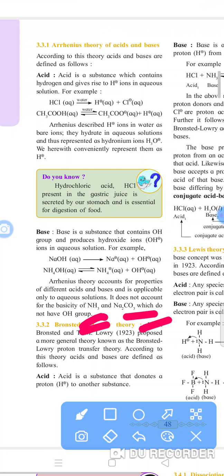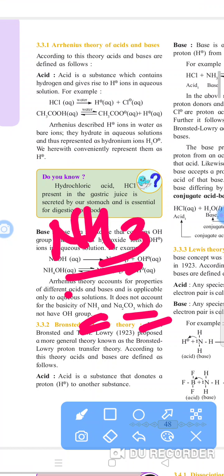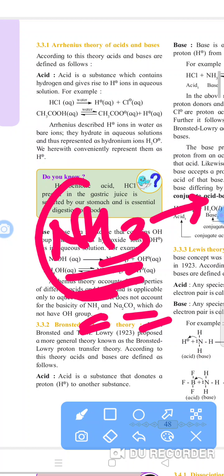NH3 does not contain OH, but it is a base. According to Arrhenius theory, a substance should contain the OH group and give OH minus ions, but NH3 is a base. It does not contain the OH group and does not give OH minus ions.